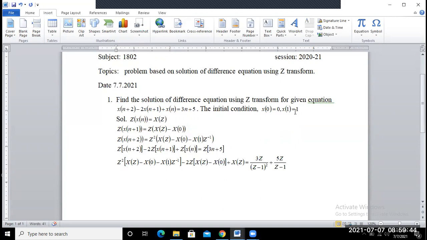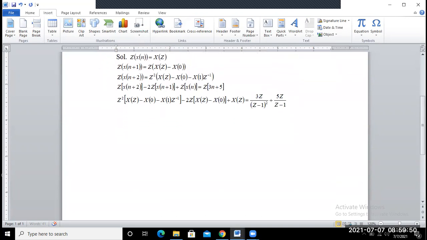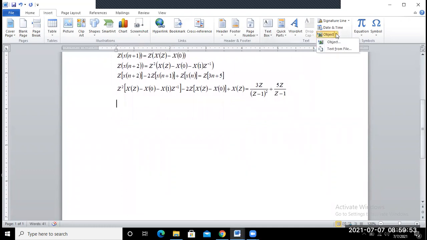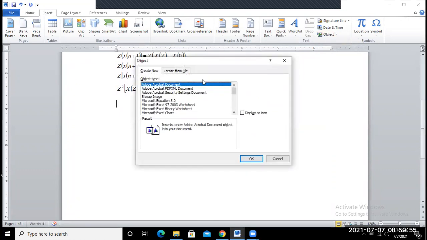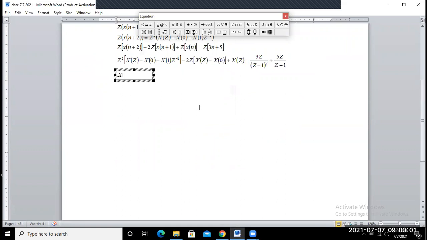So X(z), if you take common, the remaining element is z square, and this one minus 2z and minus z.